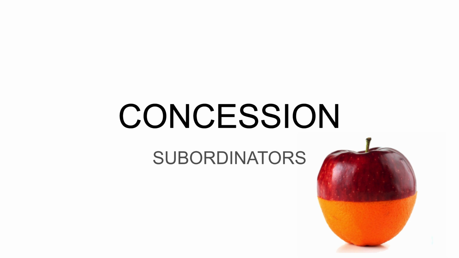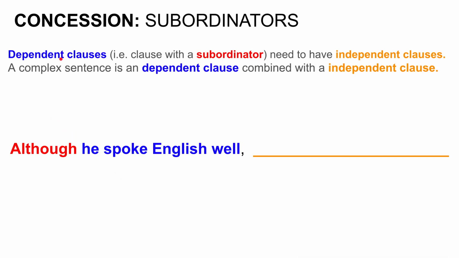Moving forward, let's look now at subordinators of concession. Remember that with a subordinator, you have a dependent clause, a clause with a subordinator, like a baby sentence, and it needs an independent clause, or a mommy sentence. A complex sentence is a dependent clause combined with an independent clause.